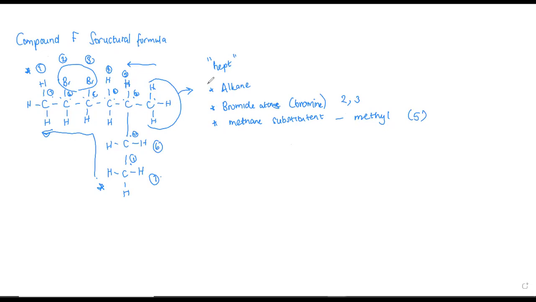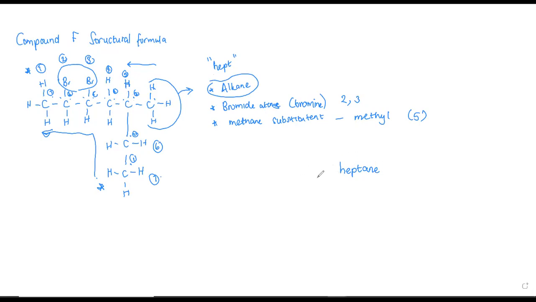So now we have to combine all of this information into this IUPAC name. We have established that this is a carbon chain of 7 carbon atoms, hence the hept, and it belongs into the alkane functional group. So our parent chain is a heptane.